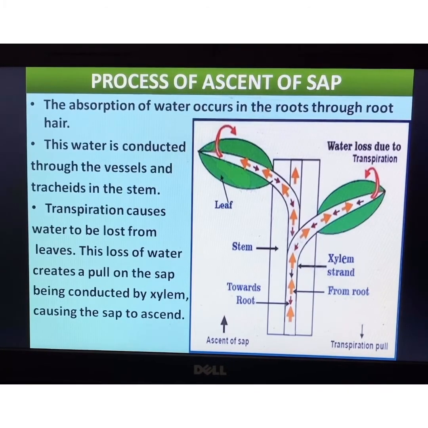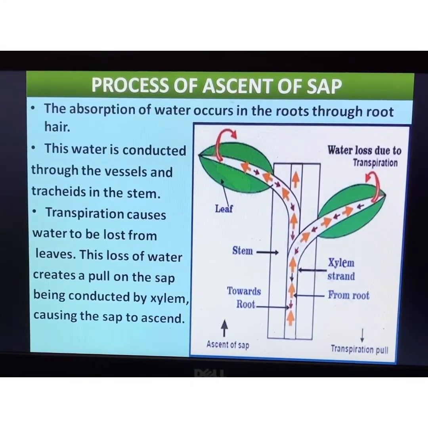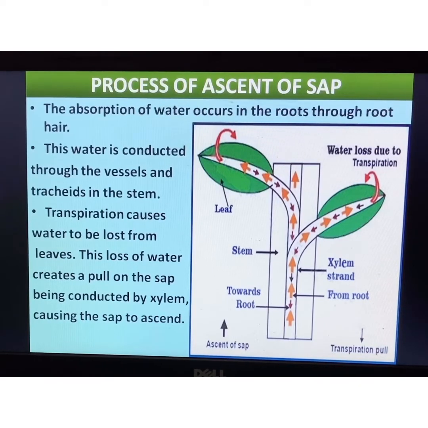Now this also helps the plant in cooling down. The cooling effect brought about by transpiration helps the plant in maintaining its temperature, just the way we sweat and the body cools. So I hope you have all understood the concept of ascent of sap, the upward movement of water and other minerals.